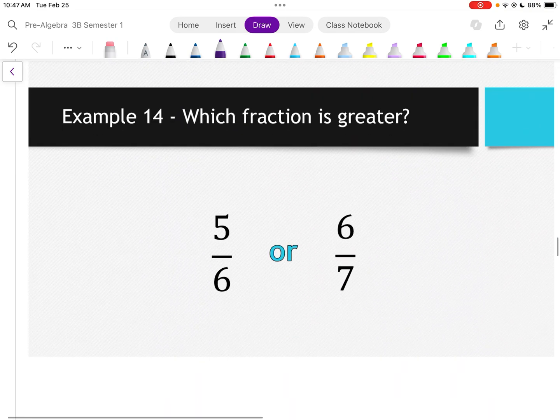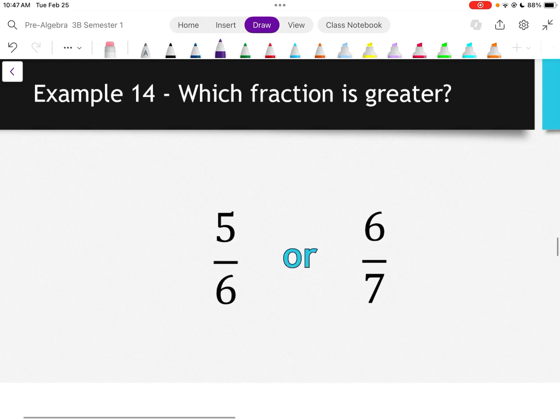All right. So if you needed more examples, number 14. They want you to compare 5 over 6 or 6 out of 7. Looking at these, I noticed that both the numbers on top are one less than the number on the bottom. And we talked about the larger the number, the smaller the parts.